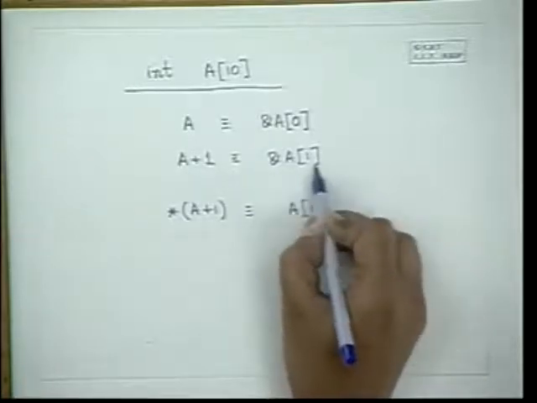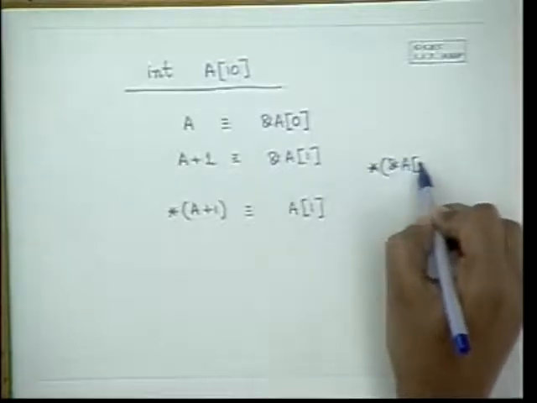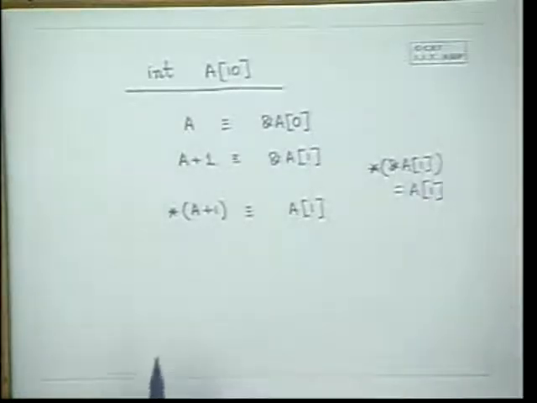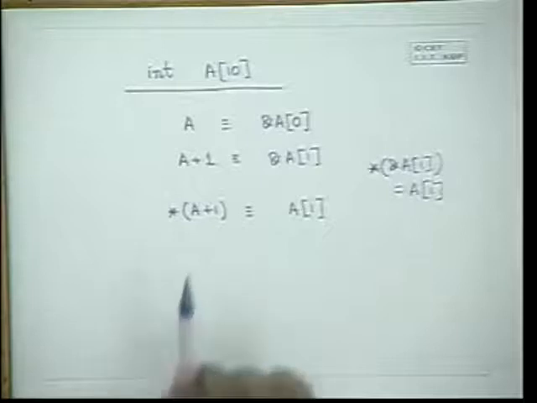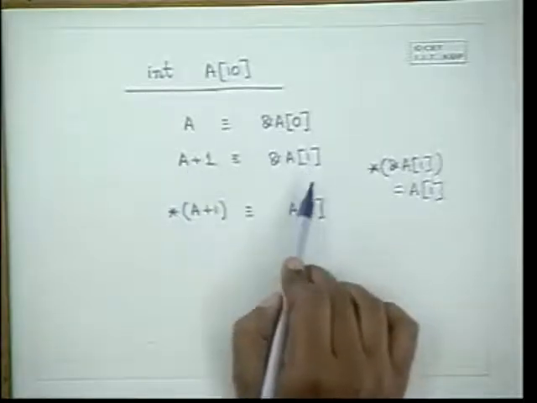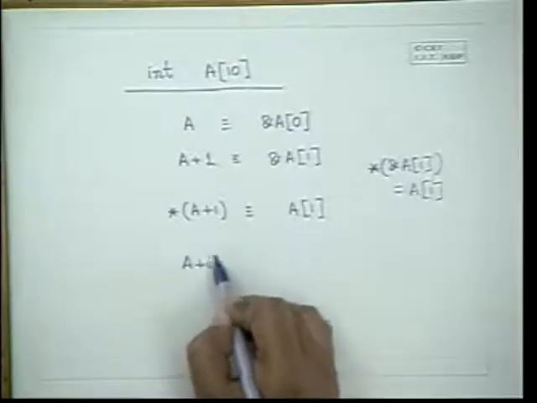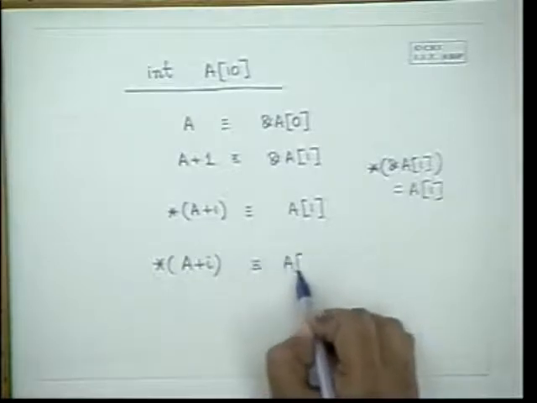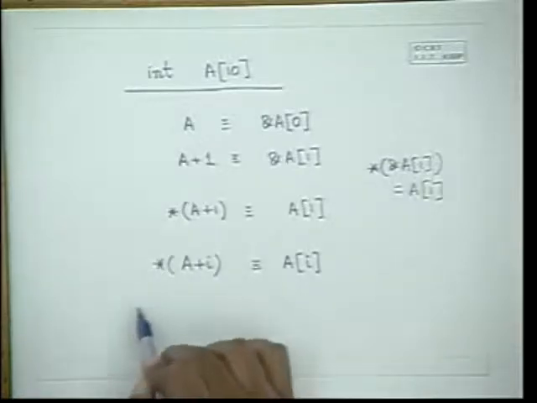The content of the location &A[1], star of &A[1], is A[1]. So star of (A plus 1) is A[1]. So this way, content of (A plus i) is the same as the value of A[i]. So you can use this also to access an array.